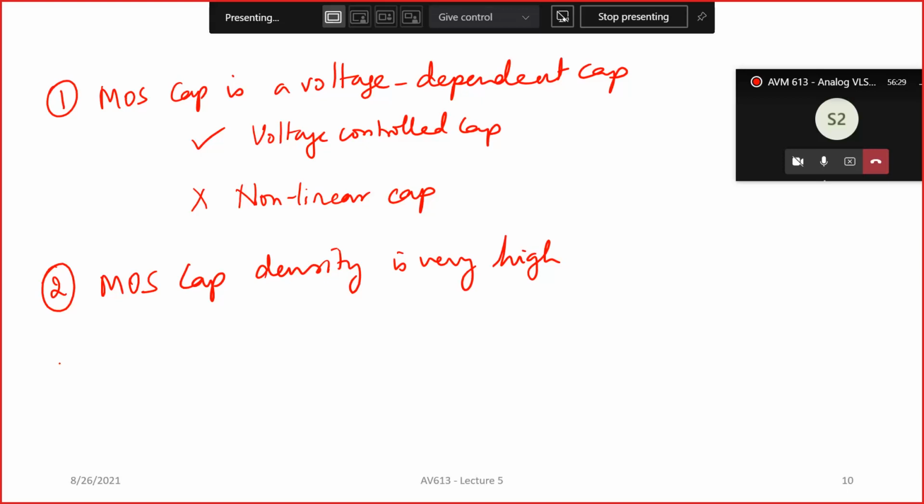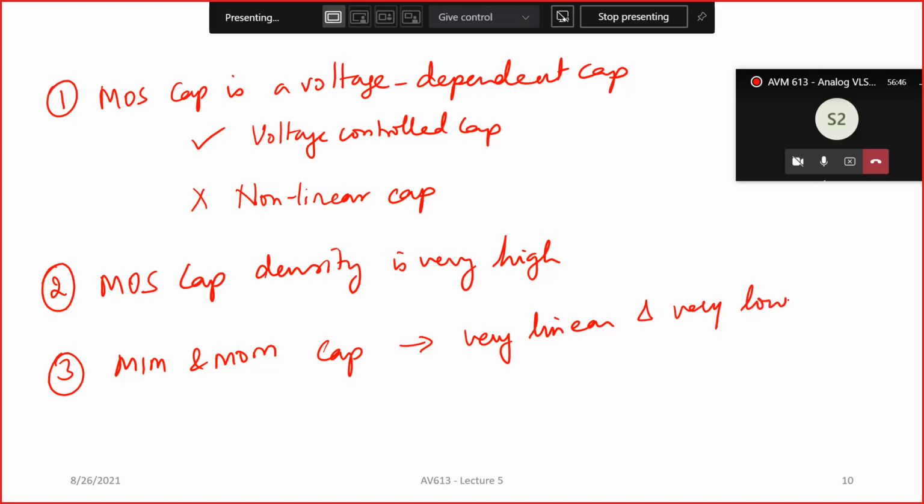MOS capacitance of course is non-linear and temperature dependence is also quite high, whereas MIM and MOM capacitors are very linear and have very low dependence on temperature. But they have low cap density. In other words, if you want to form a 1 picofarad capacitance, you will end up using almost 10 times the area or even more while using a MIM or a MOM capacitor as compared to a MOS capacitor.